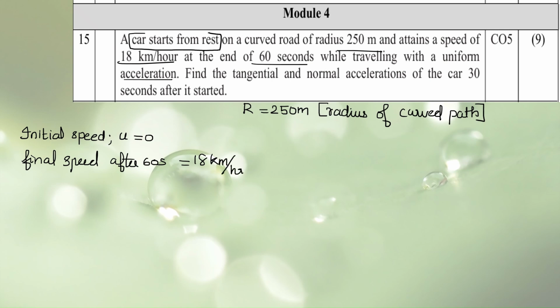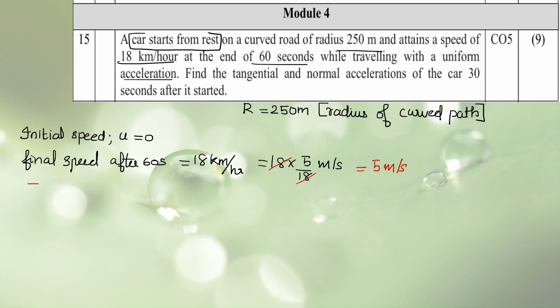That is given in kilometer per hour, so we need to convert it into meter per second. So 18 into 5 divided by 18 meter per second. I think you know the conversion from kilometer per hour to meter per second, right? In order to convert kilometer per hour to meter per second, we need to multiply it with 5 divided by 18. So 18 cancels, our value is 5 meter per second. That is the final speed after 60 seconds.